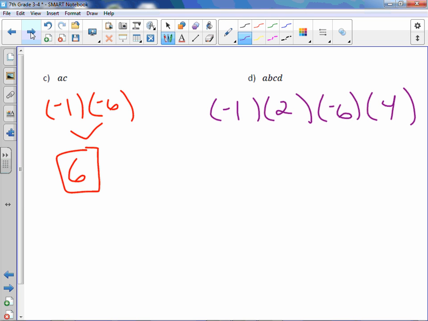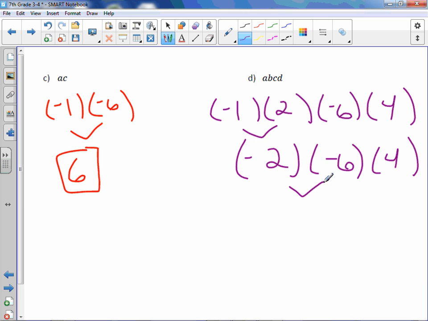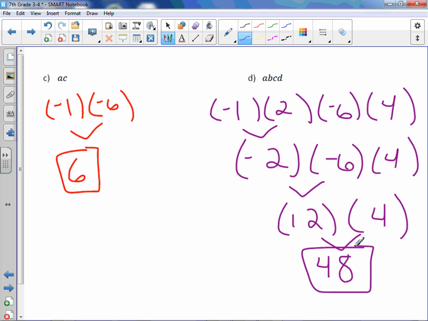Multiply left to right. Negative 1 times 2 is negative 2. And bring down everything else. Negative 2 times negative 6 is positive 12. And bring down everything else. And positive 12 times positive 4 is positive 48.